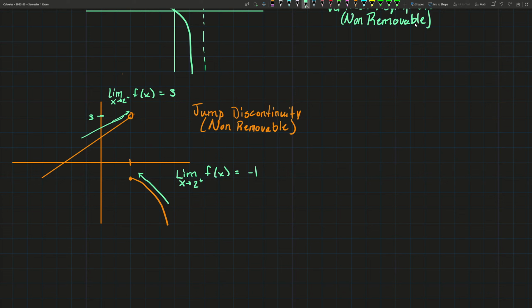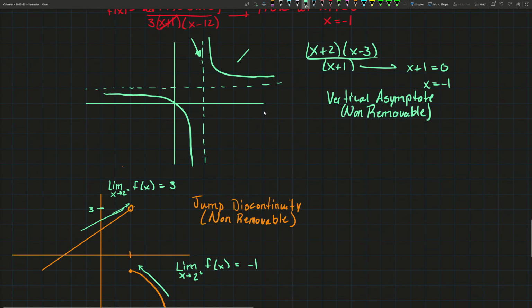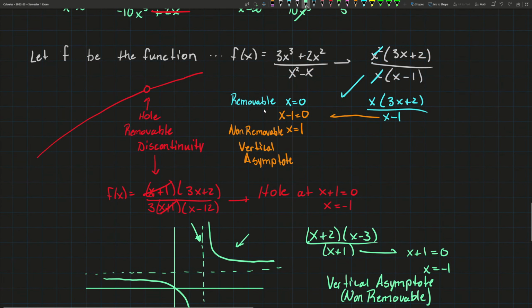If those don't match up, that's non-removable pretty much all the time. Even in this case, it still works: the right-handed limit is positive infinity, the left-handed limit is negative infinity, and no matter what, if it goes to infinity, it's a non-removable discontinuity. In this red case, though, the left-handed limit is still equal to the right-handed limit. The behavior on both sides is the same. Therefore, it's removable. We can ignore it and still have the same type of graph.